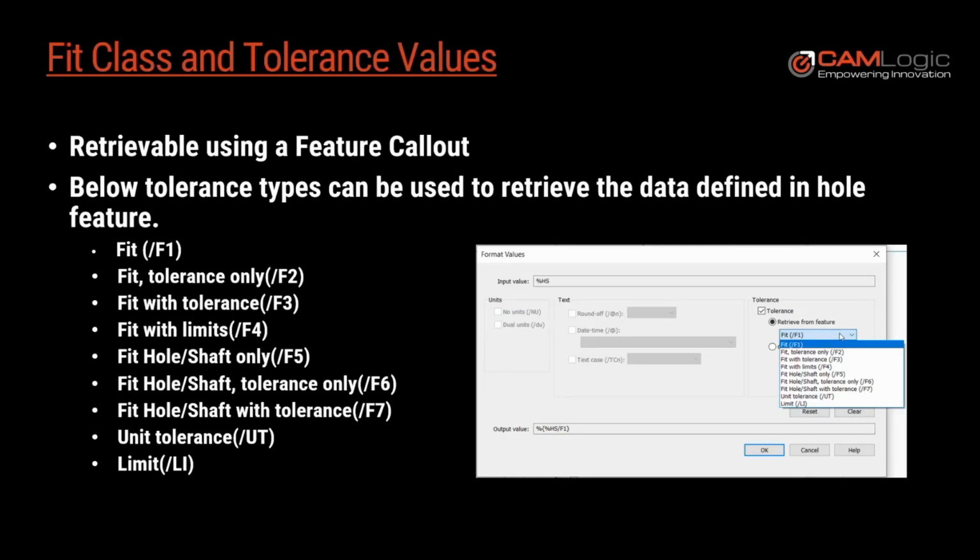Another thing they added was the fit class and tolerance values. These have been added directly into features, so that you didn't have to declare a lot of these things in the drafting environment.